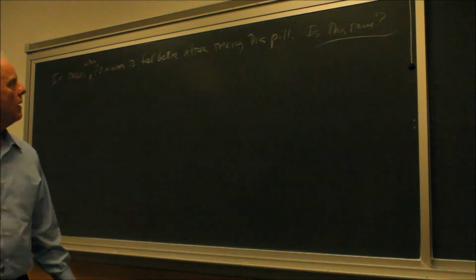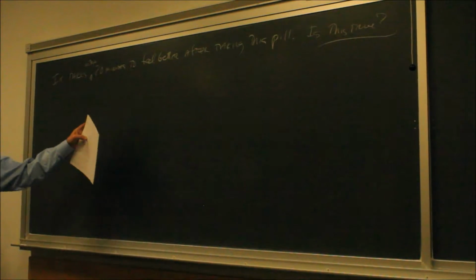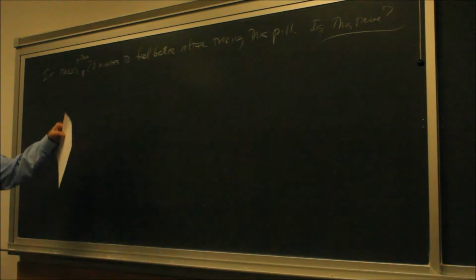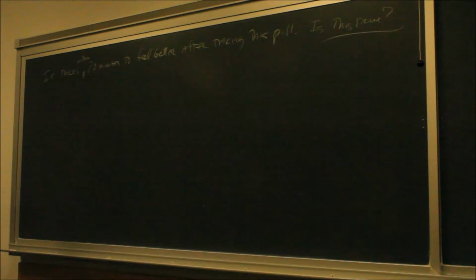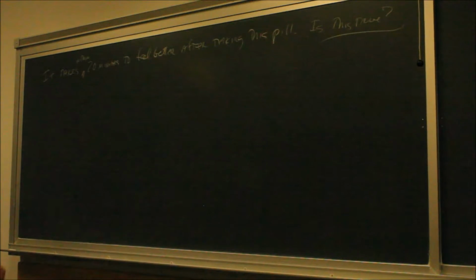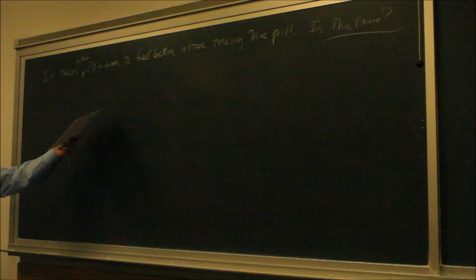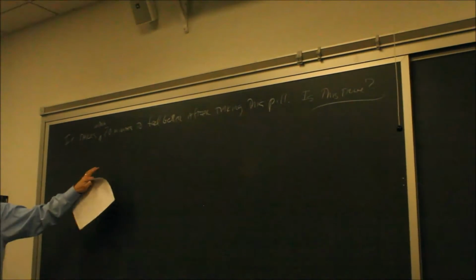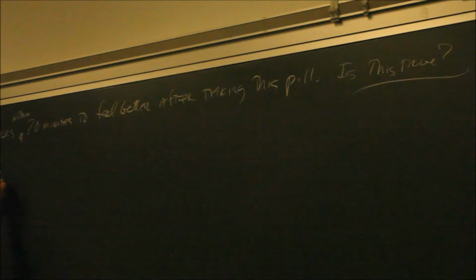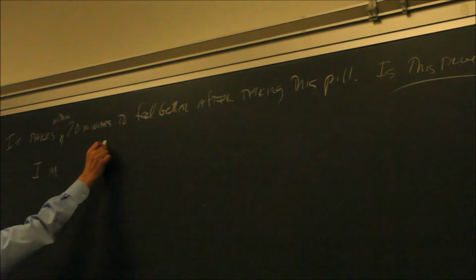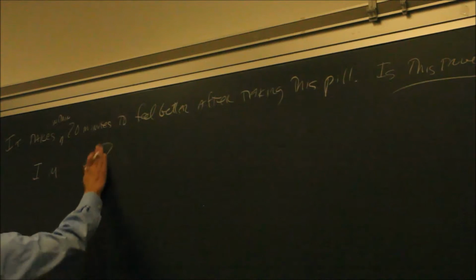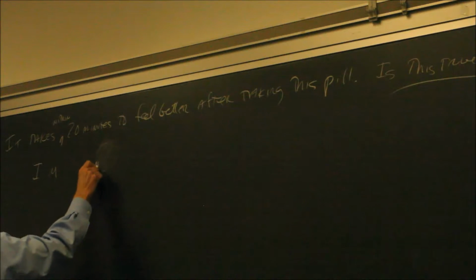Well, what is this hypothesis right here? It says it takes within 20 minutes to feel better. And when we're talking about 20 minutes, we're talking on average 20 minutes. And so we're talking about mu in this case, as it relates to minutes.